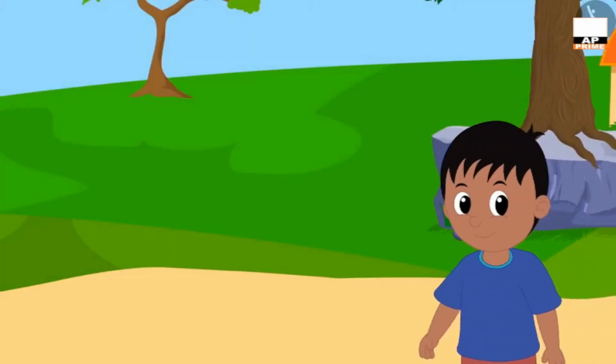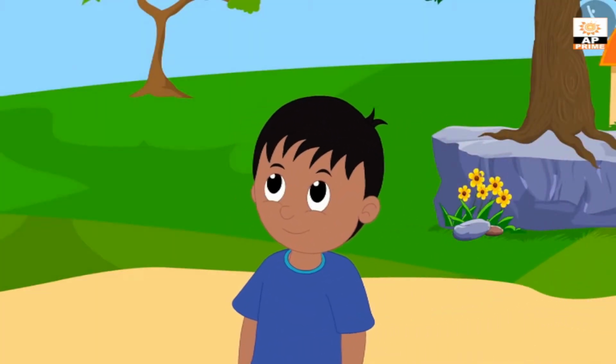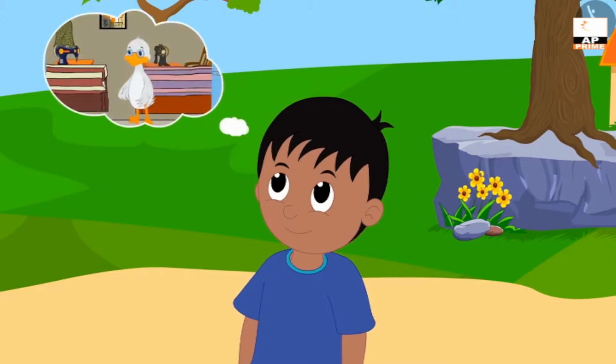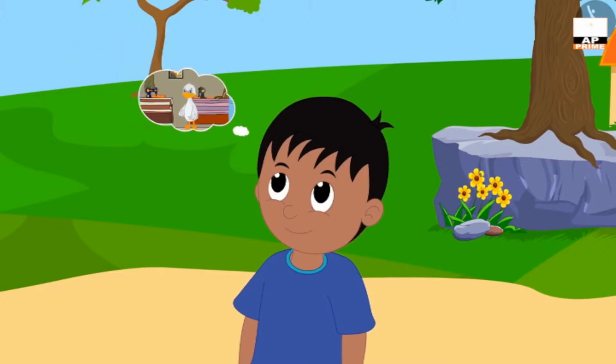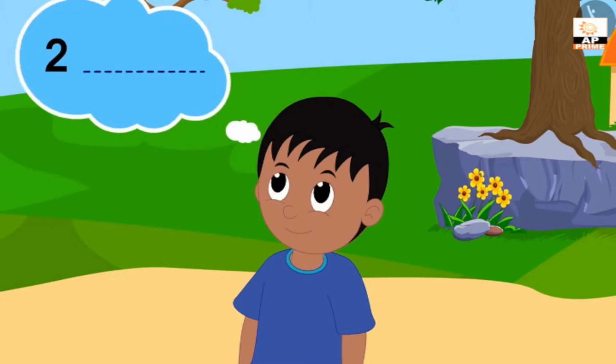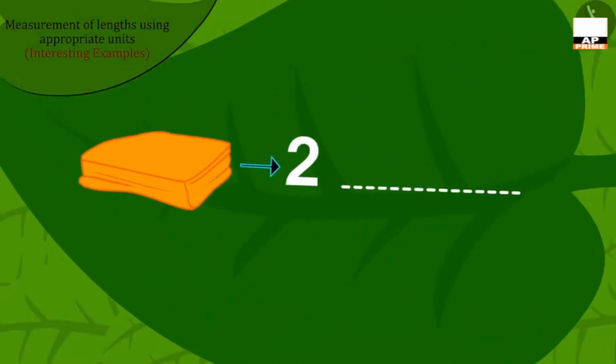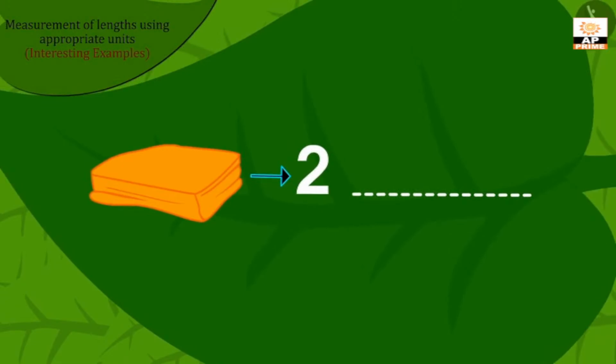When he was returning home, he remembered that he had to go to the uncle's shop. But he only remembered the number 2 from the measurements his father had given him. Kids, can you tell Raju that what units should be used to measure the cloth for his father's shirt?